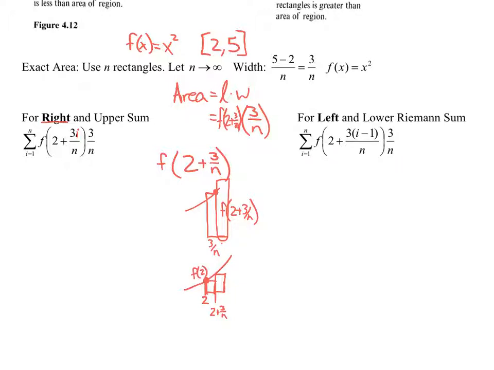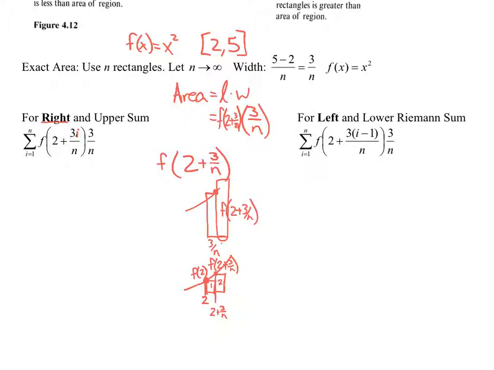Then for the second rectangle, I'm evaluating it at f of 2 plus 3 over n. So that's why we have this i minus 1 here, in order to make it so that we don't add the 3 over n the first time, and that keeps us on the left side of those rectangles.